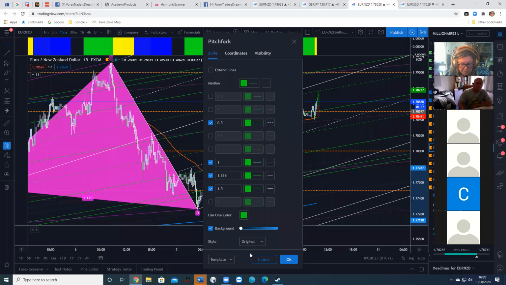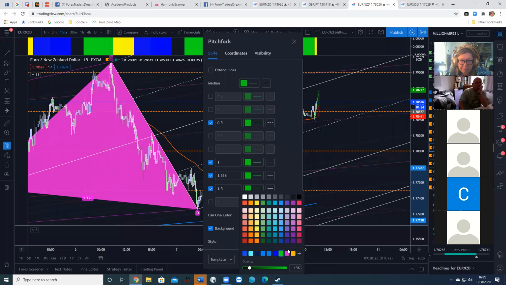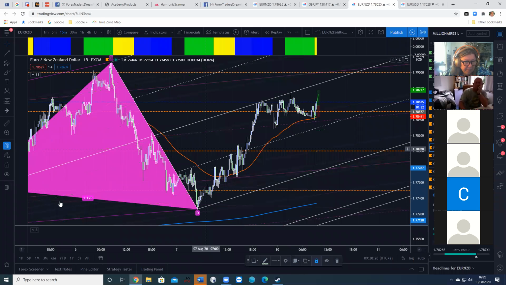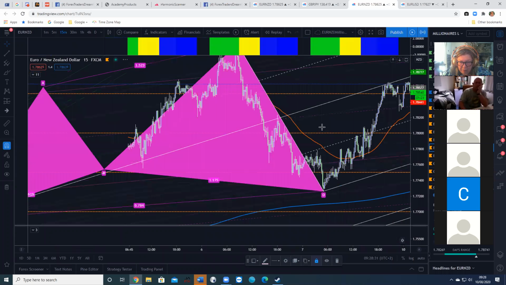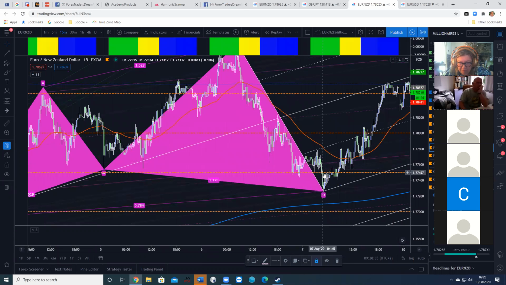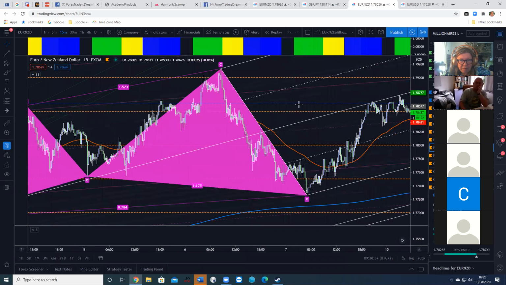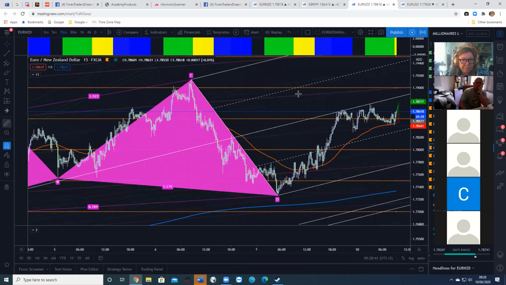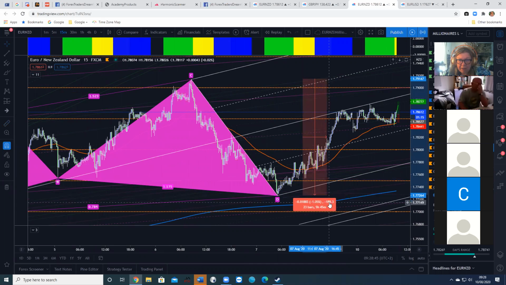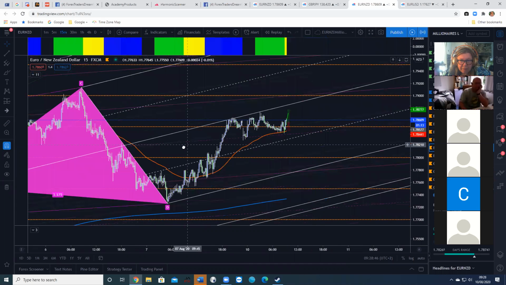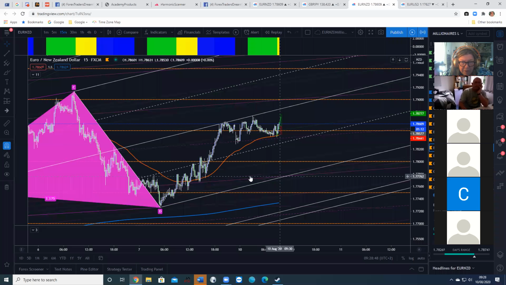And just dull that down. So we had a scan with the D point of the 7th of August again. So that's the most recent one we should be using. And that was 188 pips. Sorry, I'll mark that up again.